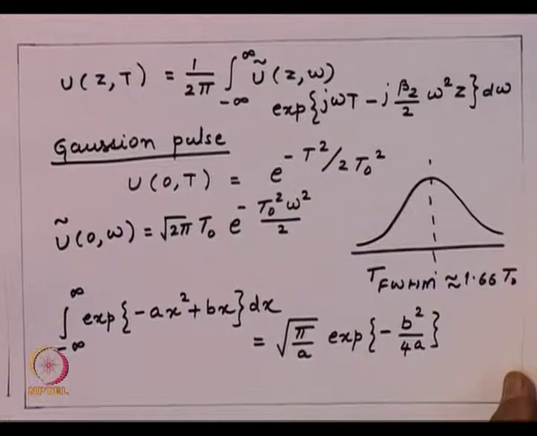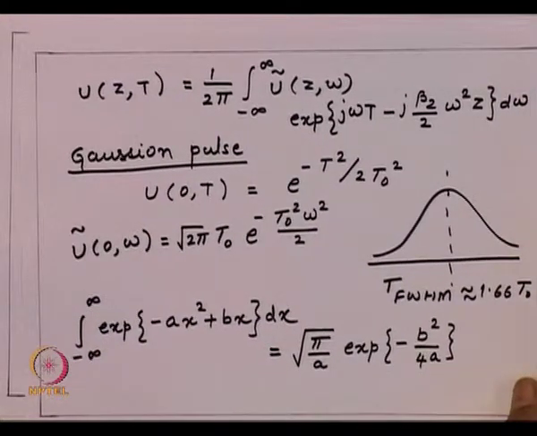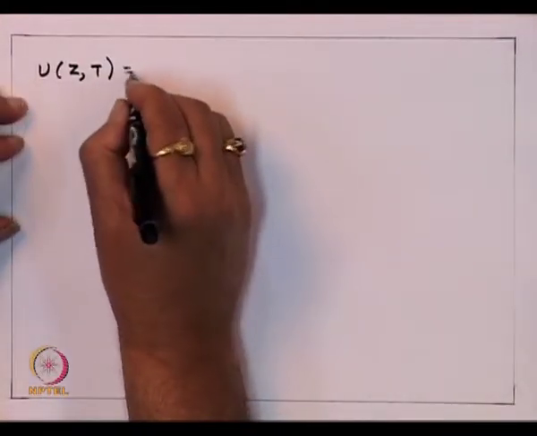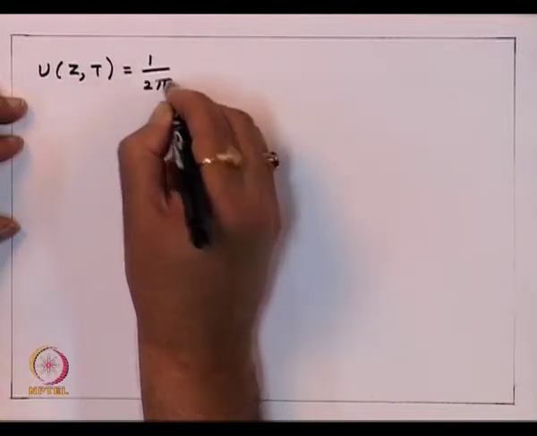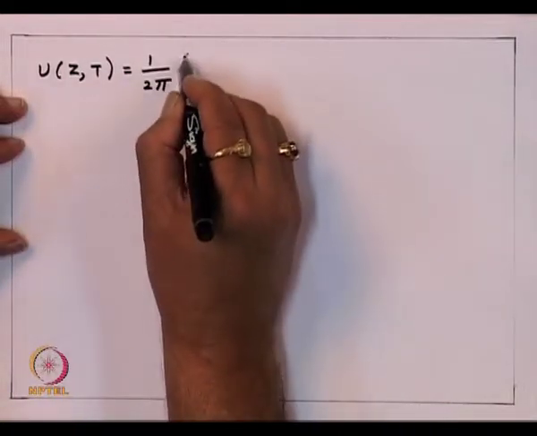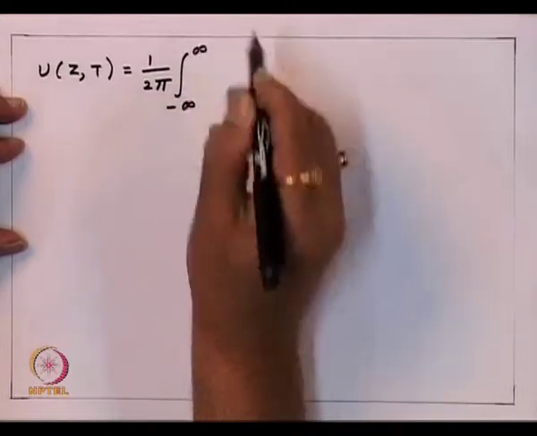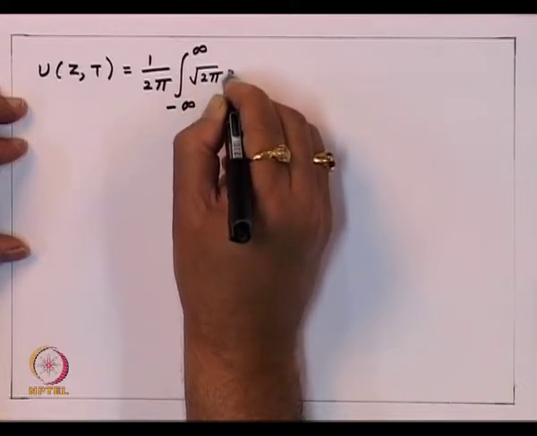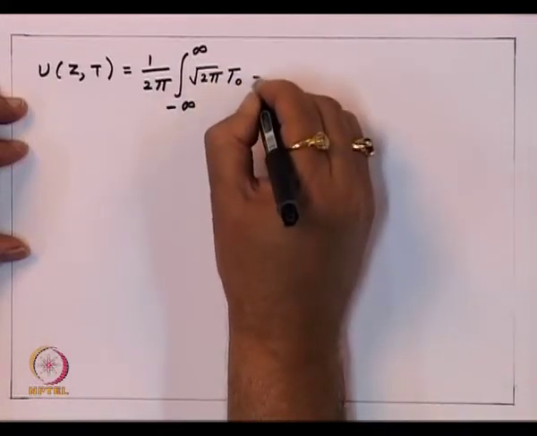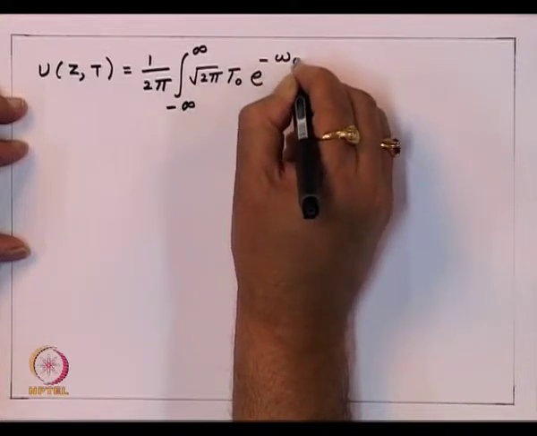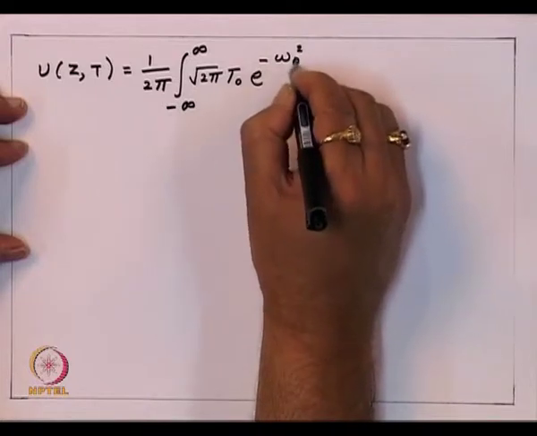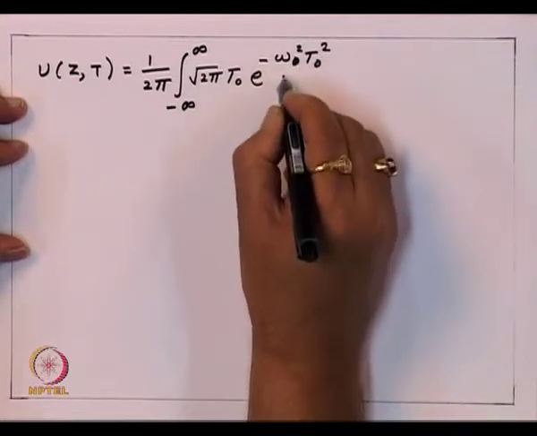So, if I just substitute this, I get u(z, t), that is 1 upon 2 pi, integral from minus infinity to infinity of root 2 pi t 0 e to the power minus omega square t 0 square upon 2.